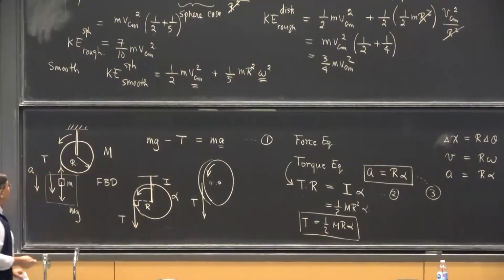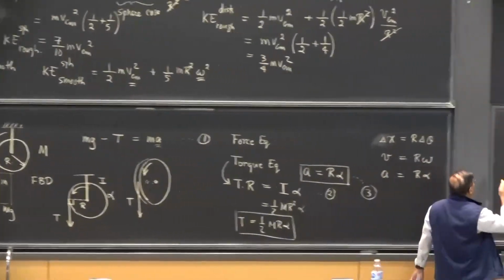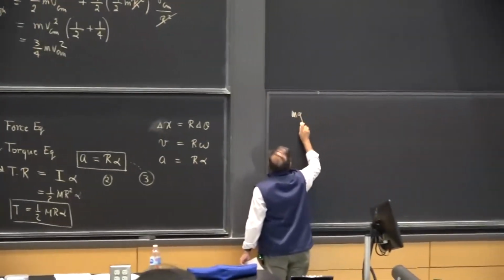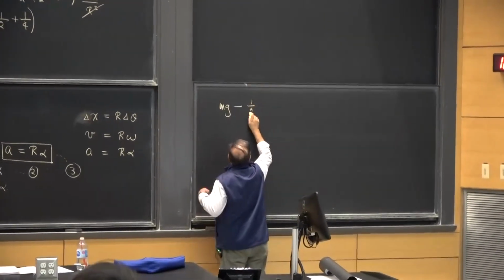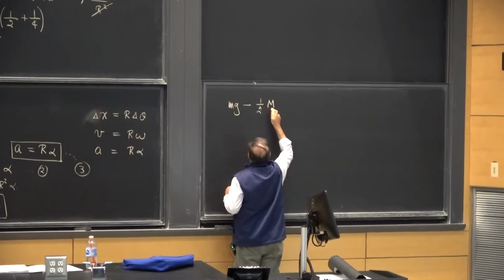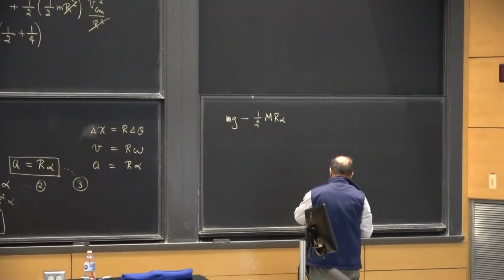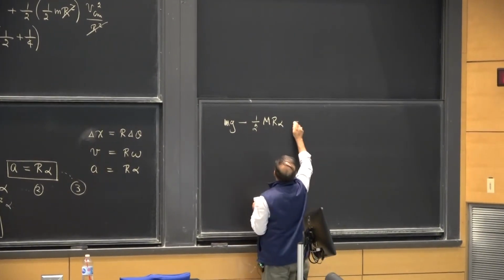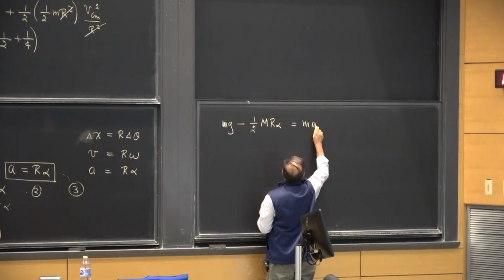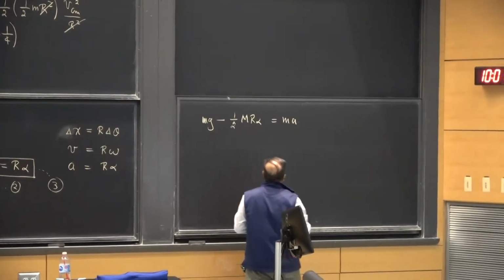And then I can take this T and put it back into equation 1. So therefore, I'll have mg minus 1/2 M, this is big M, R alpha is equal to small m a. And I also know that a is equal to R alpha.